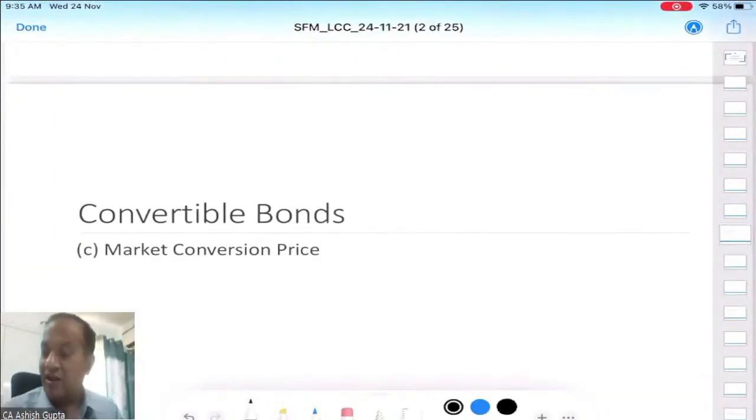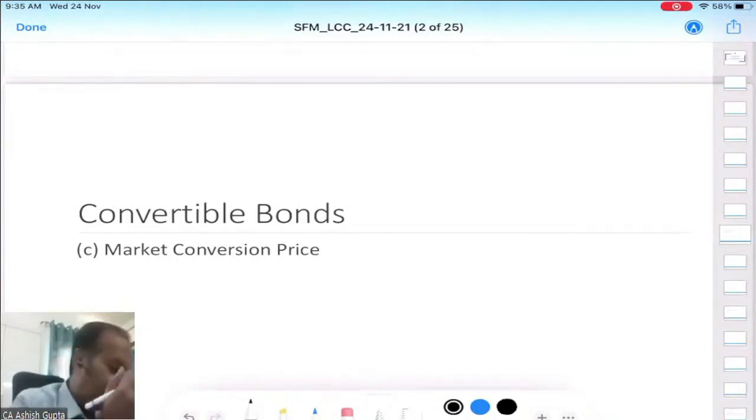Now the next term is the market conversion price. Students, suppose you want to buy shares in the market, and the number of shares you want is not available. What option is left with you? You have another route: the convertible bond route.